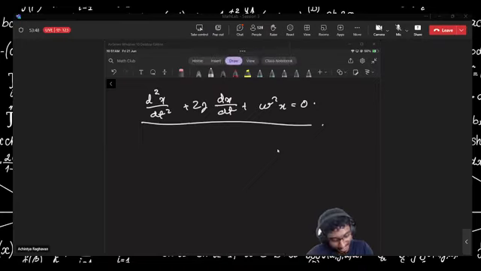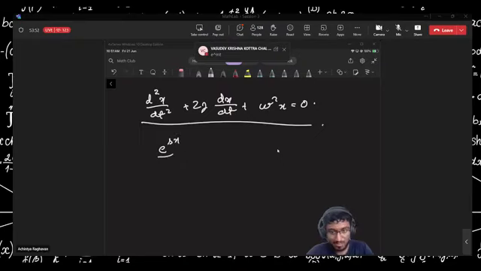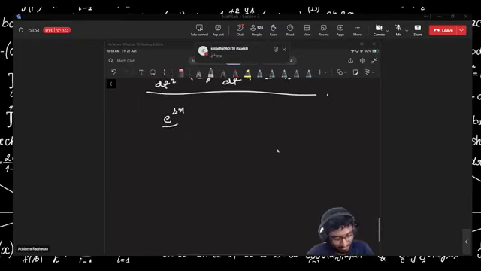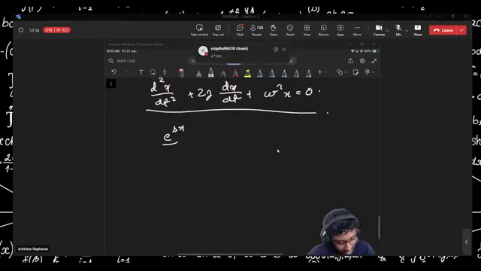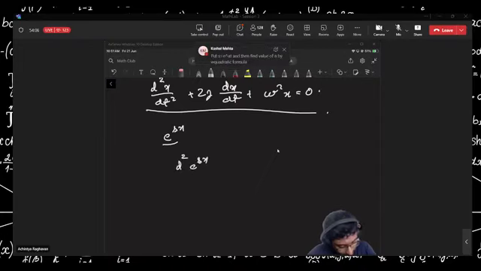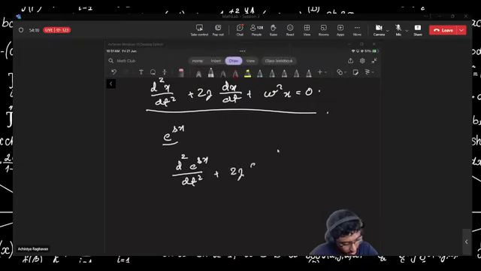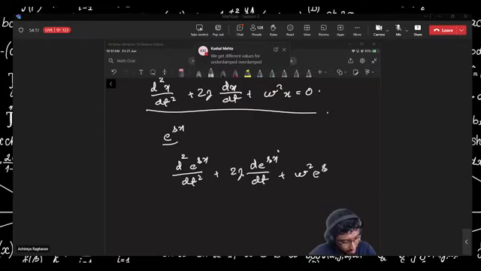Yeah, correct. Let's say e^(sx) is a solution, and let's substitute it. Oh, sorry, my bad. We get d²(e^(st))/dt² plus 2 gamma d(e^(st))/dt plus omega squared e^(st) equal to 0.